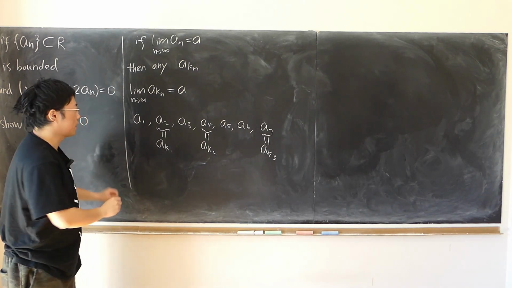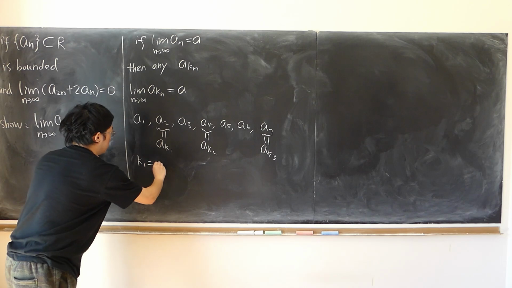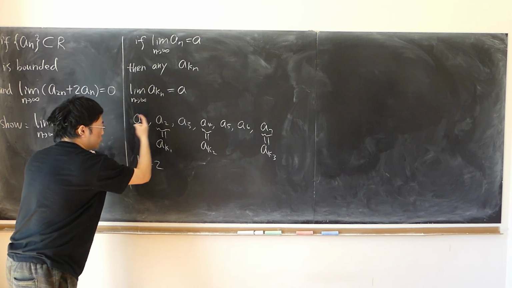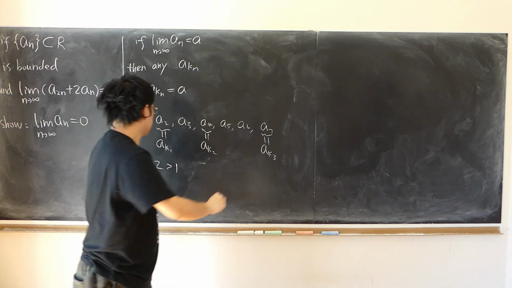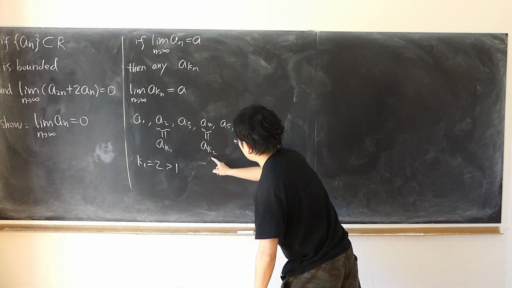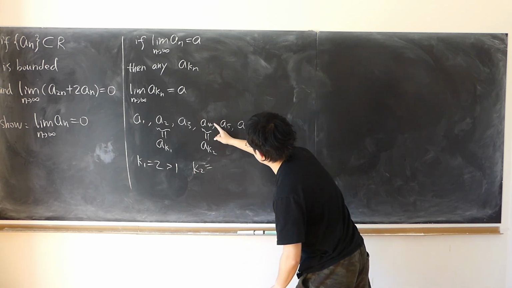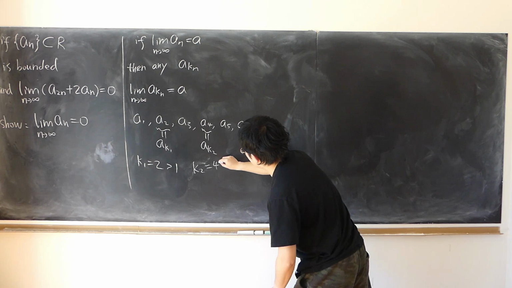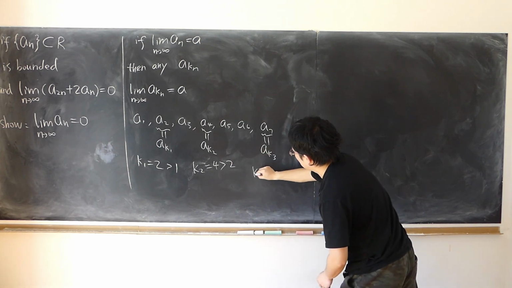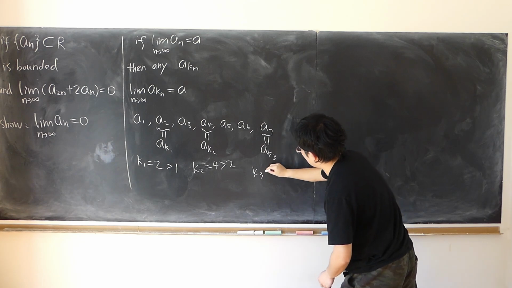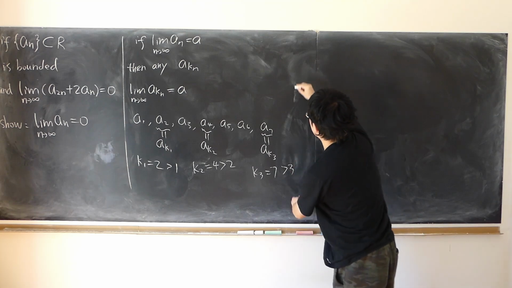And the pattern is that clearly K1 is just the original 2, and 2 is bigger than 1. K2 is nothing but the original 4, and 4 is bigger than 2. K3 is 7, bigger than 3.